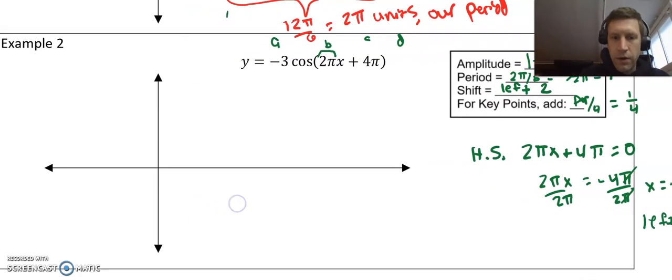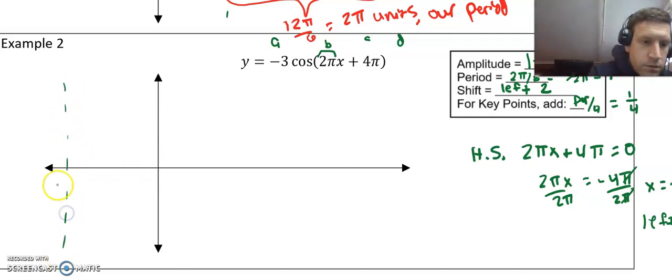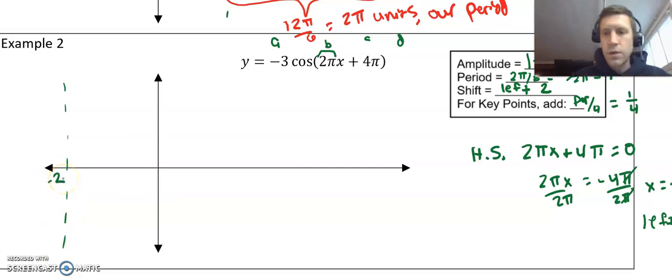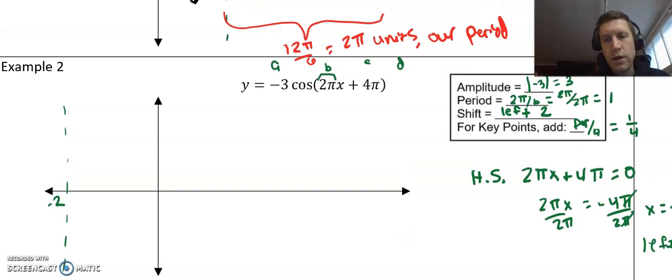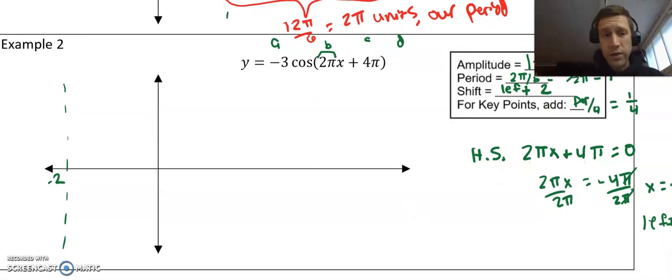Okay, so on my graph here, let's see, no up or down, so that's kind of nice. I am going left 2. Let's see, my period is 1, which means I'm only going to move to the right 1 unit from that starting point by the time my graph finishes.